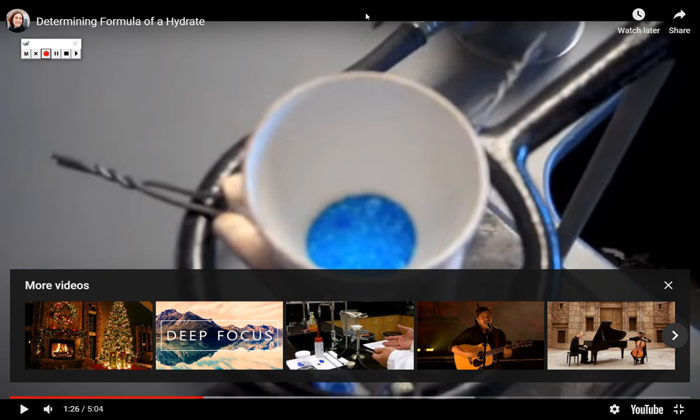So instead of driving off the water, you can decompose the copper sulfate if you don't heat it evenly. And then you can see the color there.